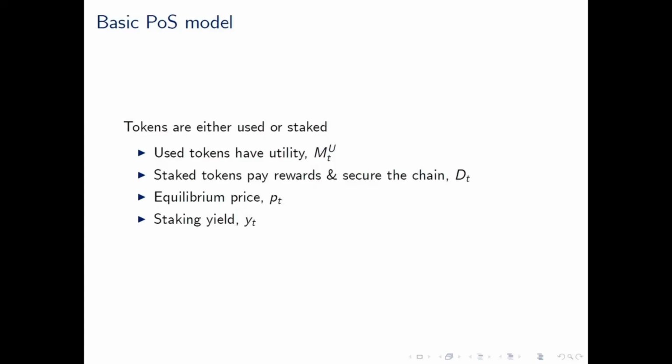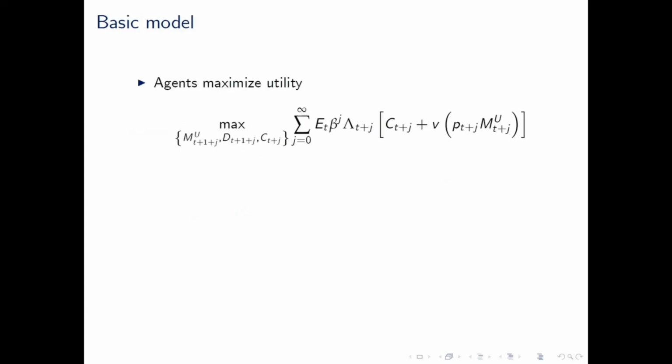In this model, you think about a blockchain as a small open economy, an economy that's affected by the rest of the world, the other blockchains, but is small enough not to impact anybody outside.